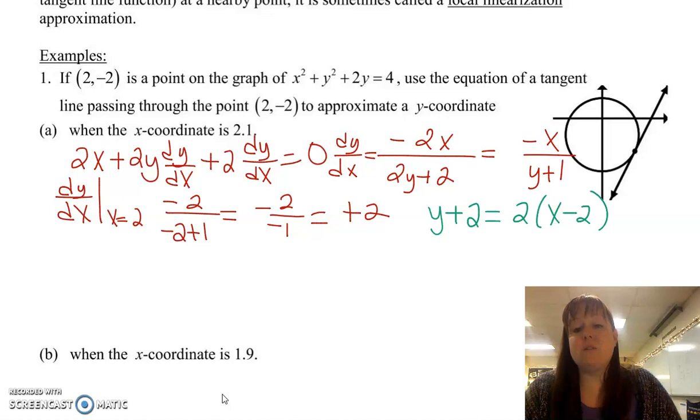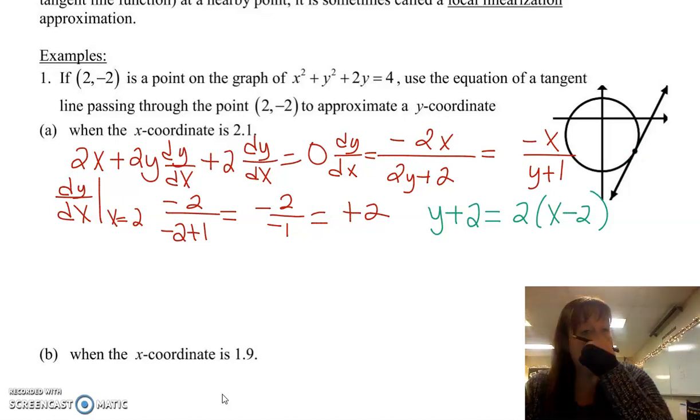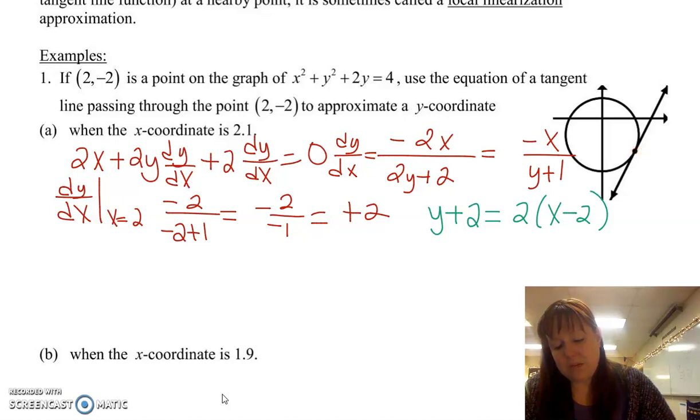All right, so that tells me that I can evaluate any point on that tangent line by plugging it into here. And if I evaluated it right at x equals 2, we know what that is. It's going to be negative 2 because the tangent line touches the curve at that point. But what if I zoomed in really, really close and looked right above that at 2.1?